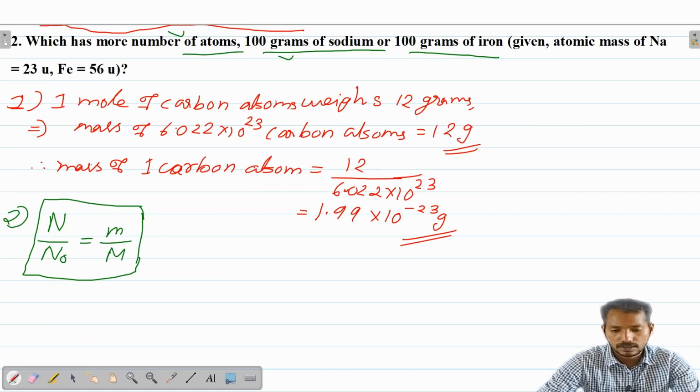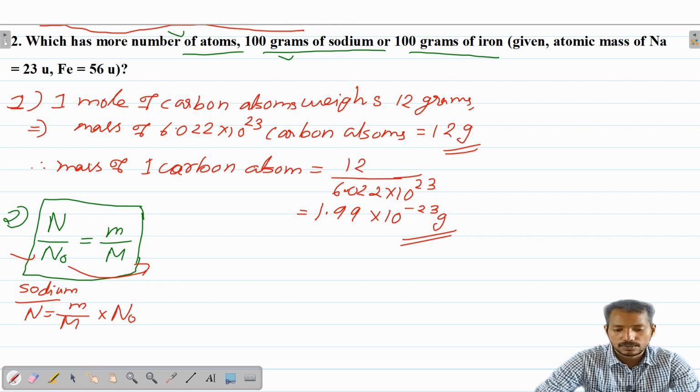First, in the case of sodium, we have to find the number of particles. So we can rearrange this formula, taking N0 to the right side. So N will be M divided by capital M into N0.